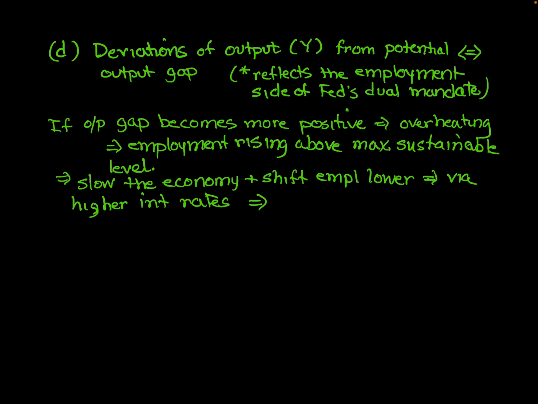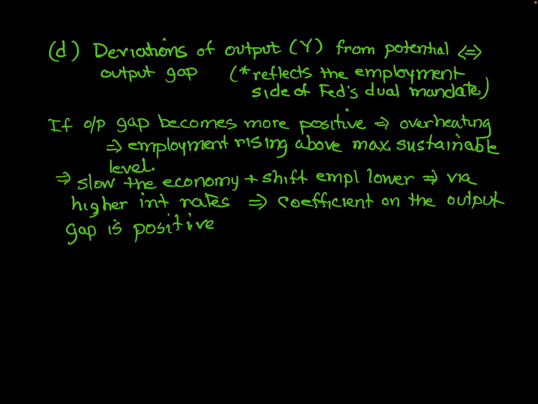So again, we observe something about the coefficient. So the coefficient on the output gap should be positive. When the output gap is positive or rising, then the Fed's interest rate target should be rising, and vice versa.